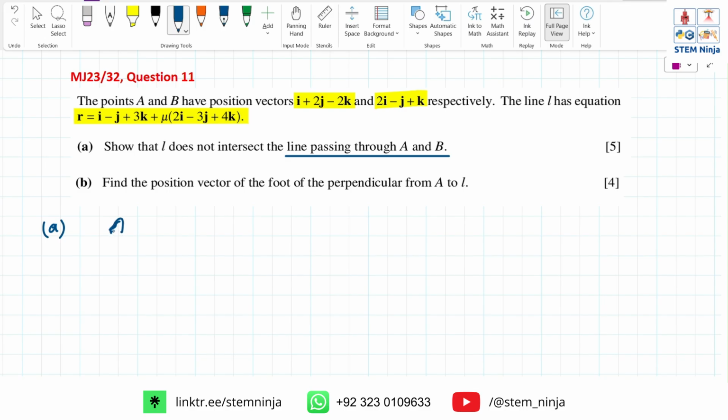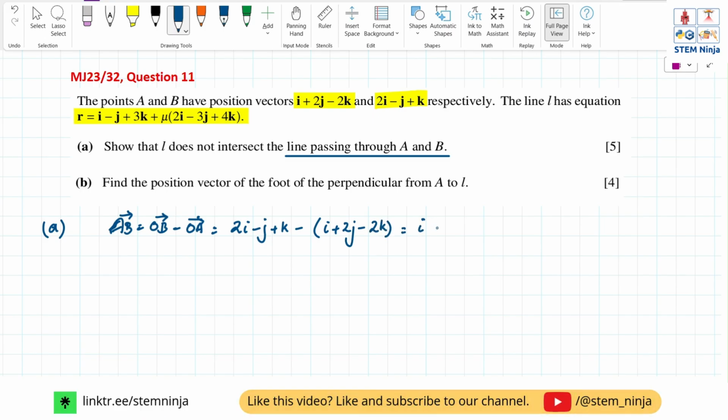So first off, we need AB, which can be written as OB minus OA. So OB is 2i minus j plus k, minus i plus 2j minus 2k, which becomes 2i minus i, minus j minus 2j is minus 3j, and plus k plus 2k, which is plus 3k.